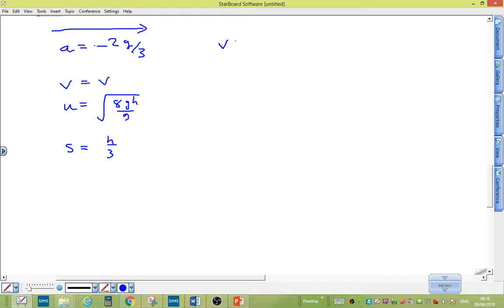We're going to use the formula that we write down, v squared equals u squared plus 2as. v squared is equal to u squared, which gives you 8gh over 9, plus 2as. Well, that's a minus a, so that's going to make a minus 4g over 3 multiplied by s, which is h over 3.